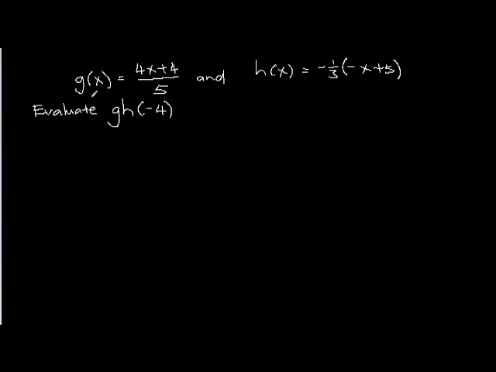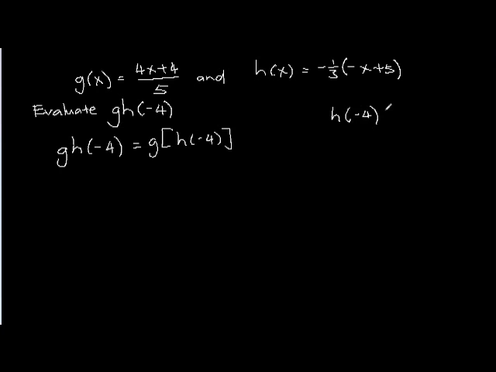In order to find the value of g(h(negative 4)), firstly we have to rewrite it as g of h(negative 4). This means h(negative 4) will be the input for g. So it means that we first need to evaluate the value of h(negative 4).